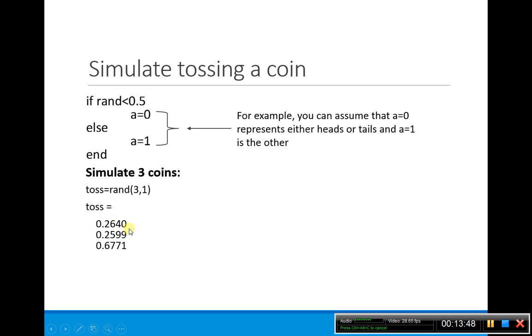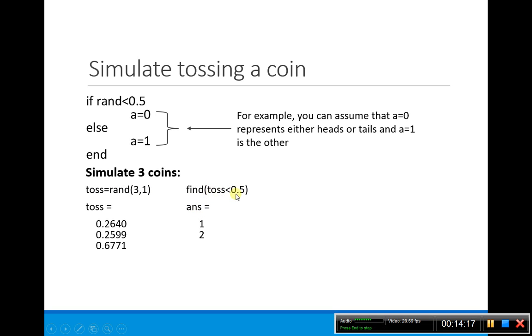So here this is my first draw, my second draw, my third draw. And now I want to see which one of these are less than 0.5, and I'm going to set basically a equals 0 for those, and a equals 1 for the ones that are above 0.5. So this would be like I've drawn a heads, and this is like I've drawn a tails. So the find command actually finds everything that's in this vector toss that's less than 0.5.